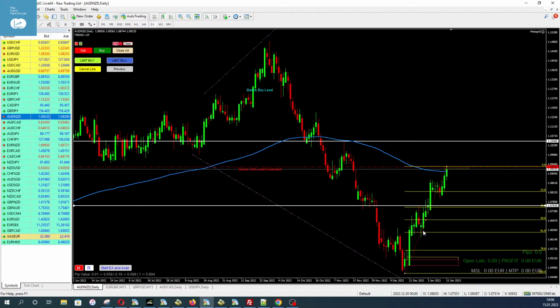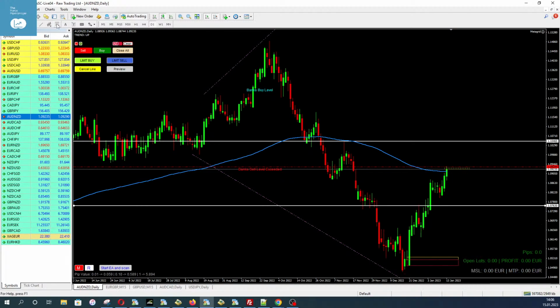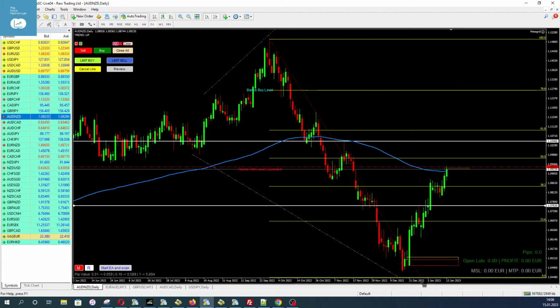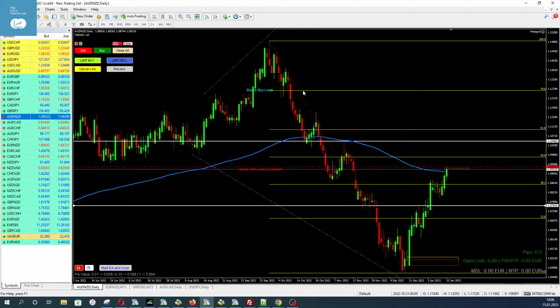If we place the fib levels the other way, from this high to this low, this resistance level is between the 50 and 61.8. So it's interesting here too, but it's a really big area from the 50 to the 61.